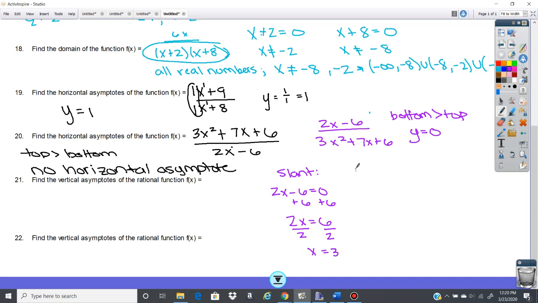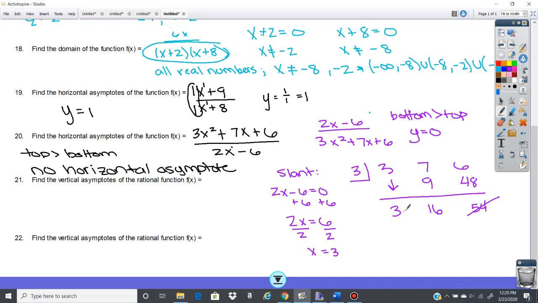So I would go 3 into 3, 7, and 6. And then we would do synthetic division. Bring down the 3. 3 times 3 is 9. 7 plus 9 is 16. 16 times 3 is 48. And then that would give you 54. But we can ignore the remainder there.